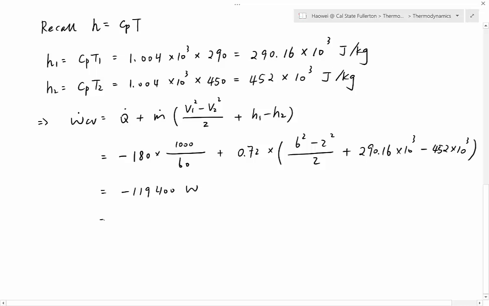And then one more step, we convert watts to kilowatts. The solution is negative 119.4 kilowatts. And like we said, the solution must be negative because the air compressor consumes electricity. Consuming work means your system must have a negative W.